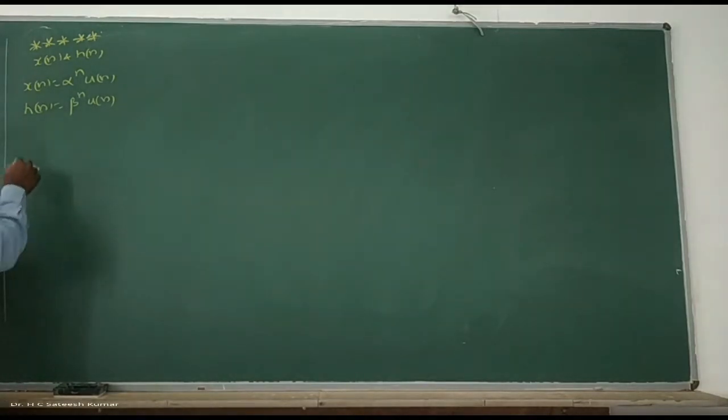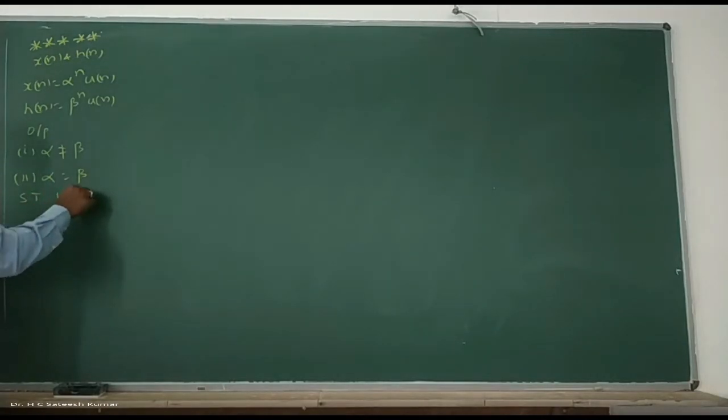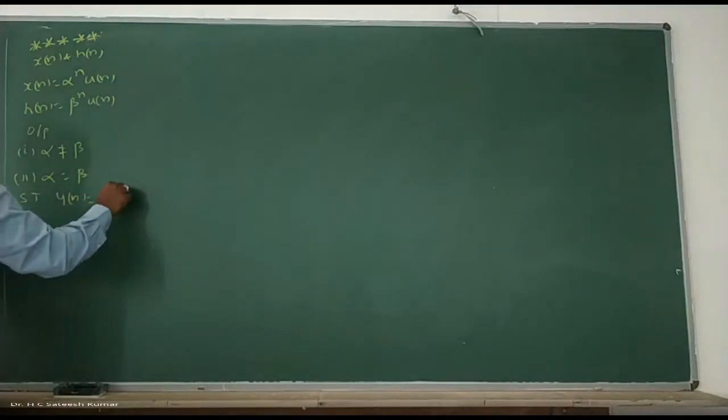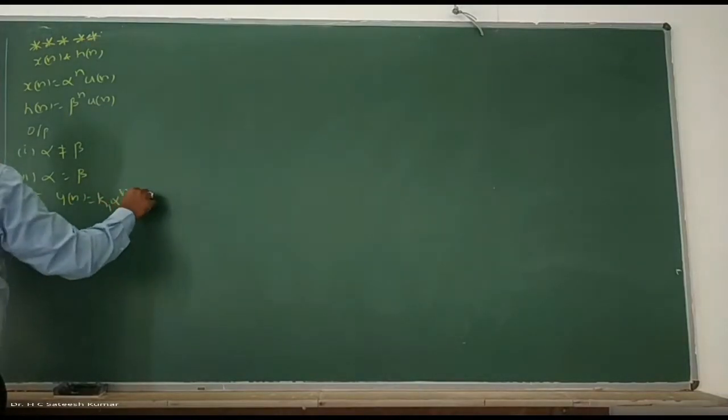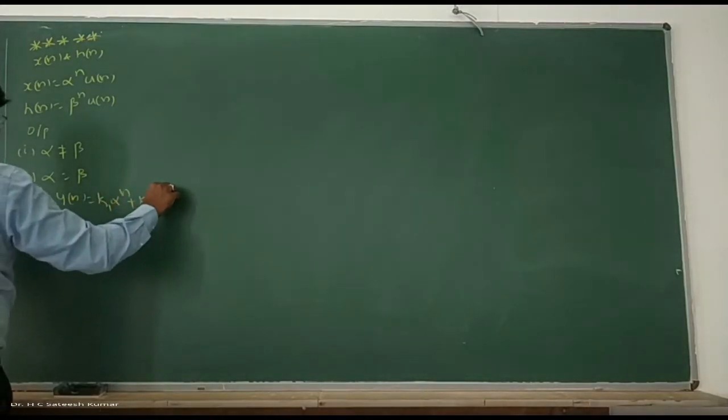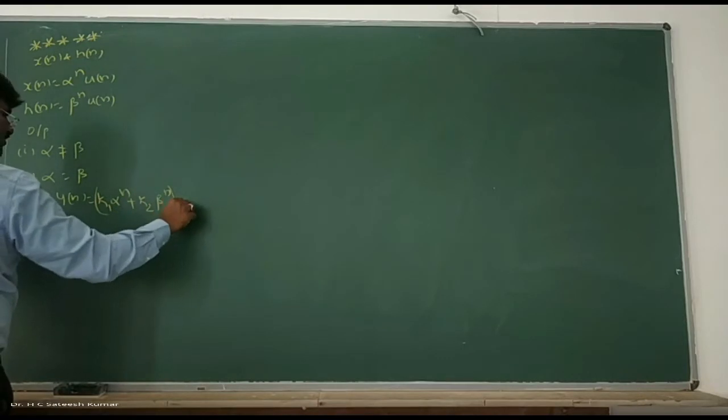Evaluate the output for first one, alpha not equal to beta; second one, alpha is equal to beta. Show that y of n is equal to k1 into alpha to the power of n plus k2 into beta to the power of n into u of n.